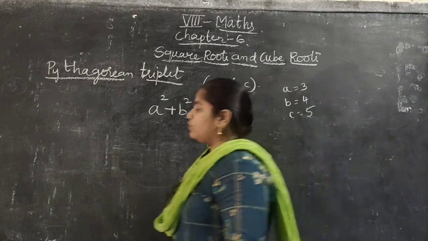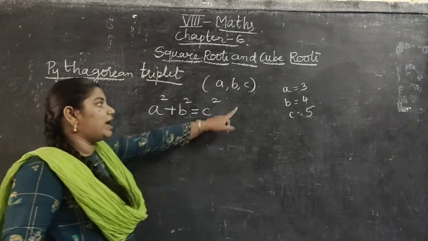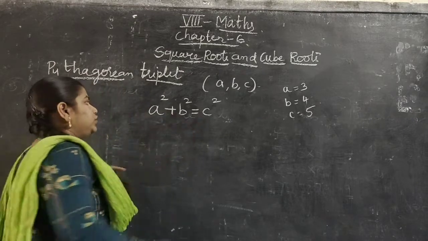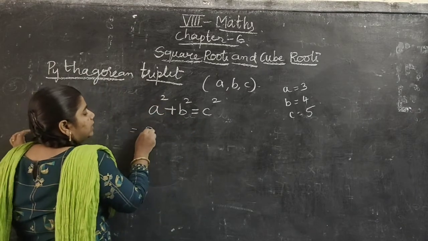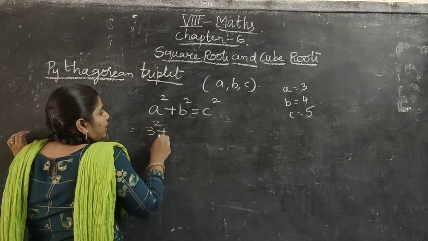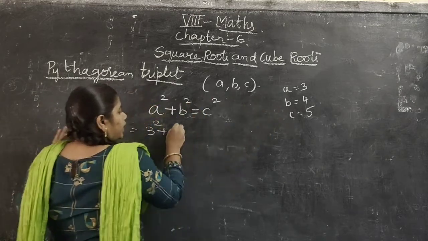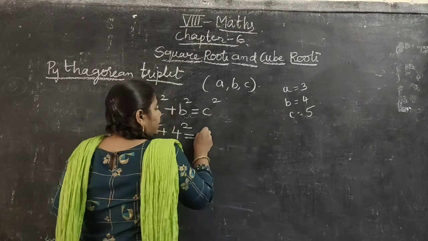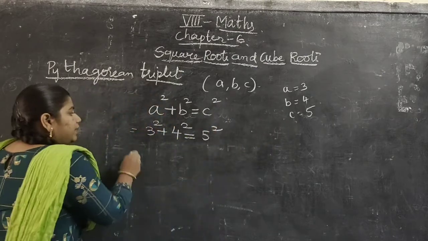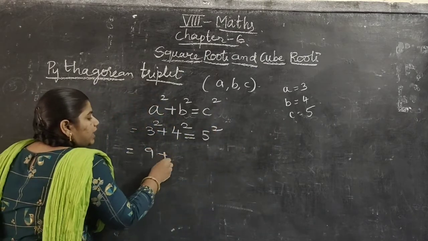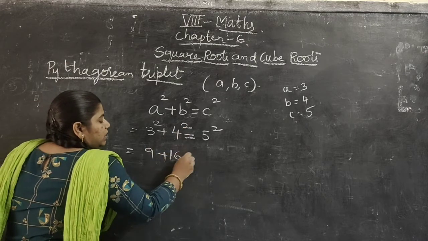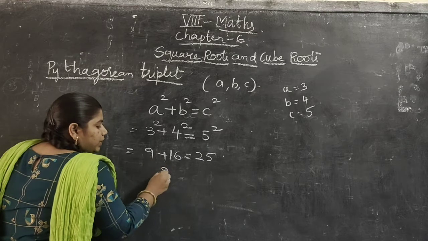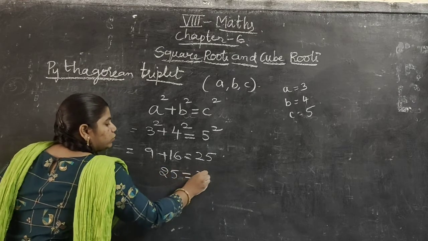We have to substitute the a value, b value and c value in this condition. A square is 3 square, plus b square is 4 square, equals c square, which is 5 square. 3 square is 9 plus 4 square is 16 equals 5 square is 25. 9 plus 16 is 25, equals 25.